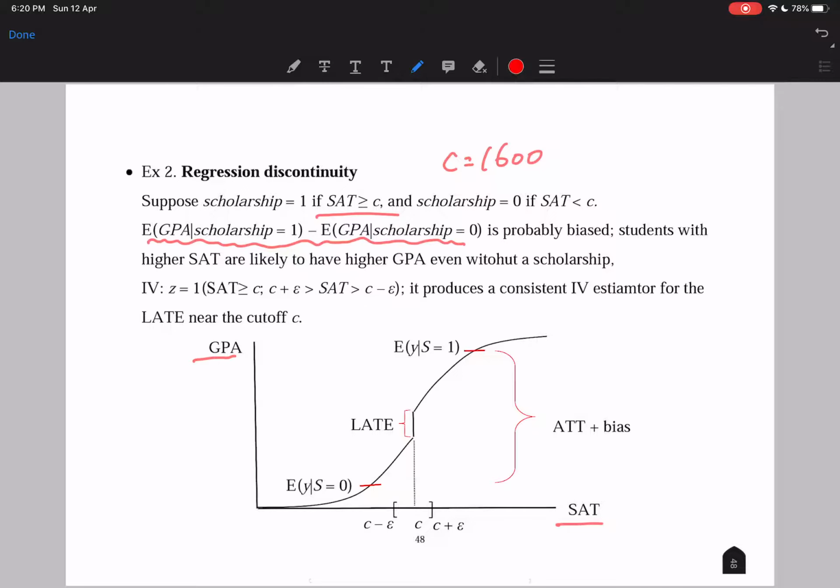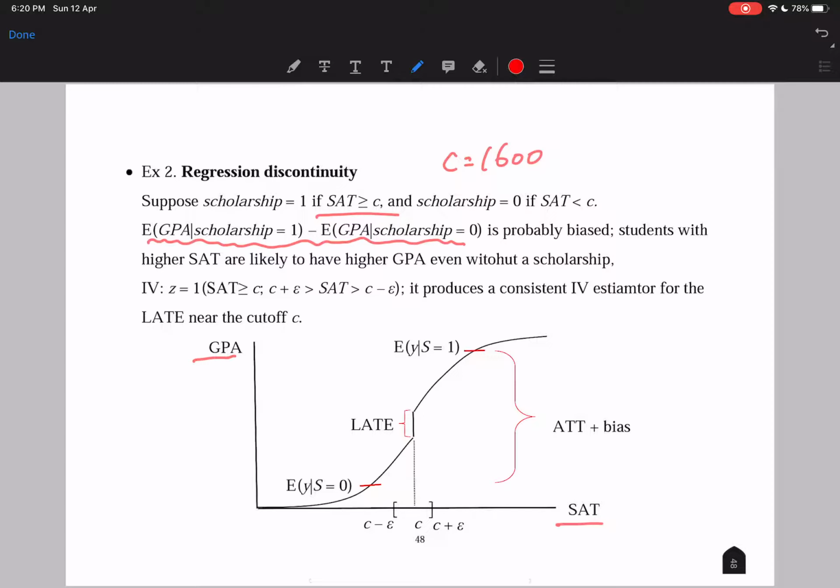However, we can use a regression discontinuity design to estimate the local average treatment effect for people around the cutoff C. So intuitively, the idea is like this.